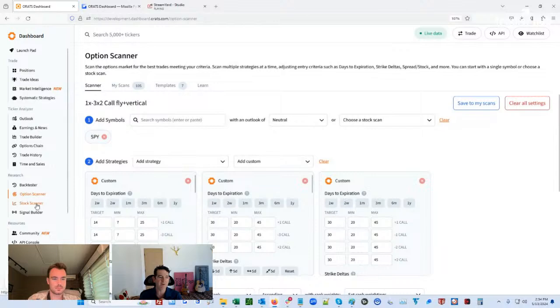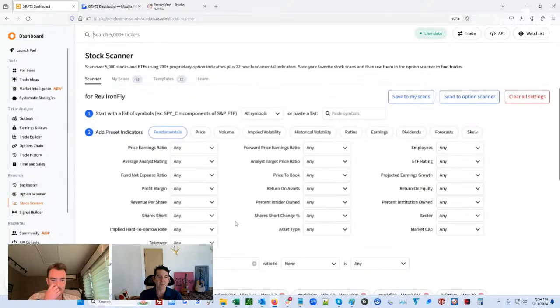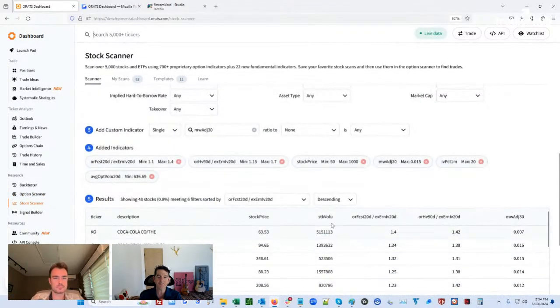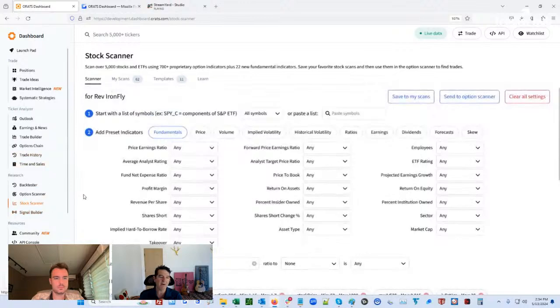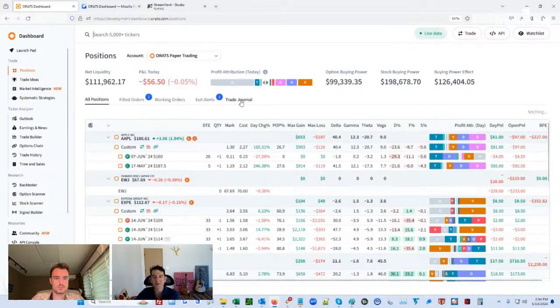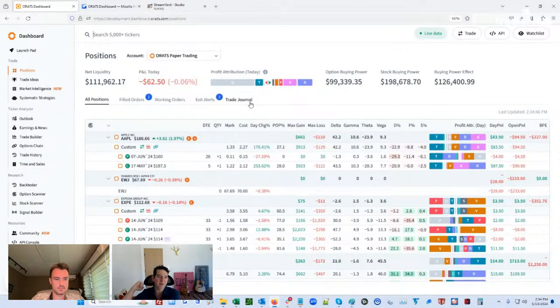We went into the stock scanner and set those up, then came back and chose our options, and we'll go check them out next week. And if we do anything intra-week, we still have the trade journal so we can explain exactly what we did.